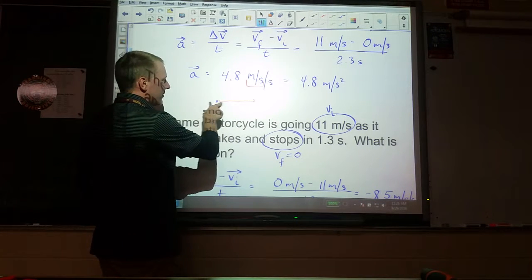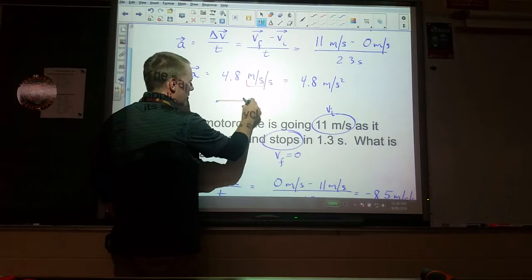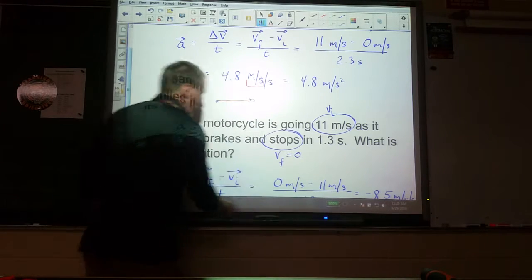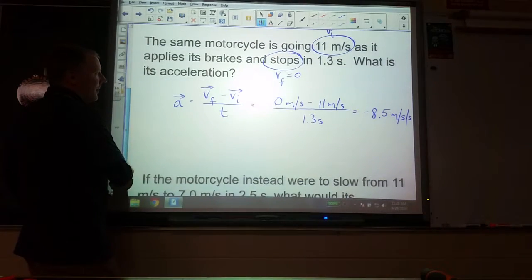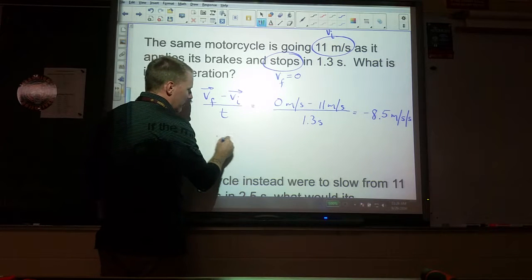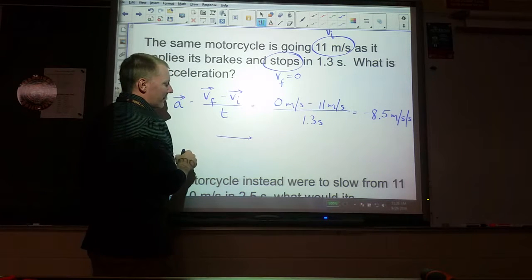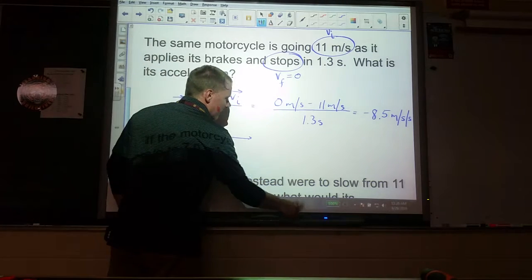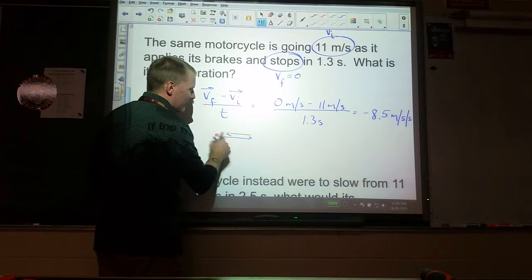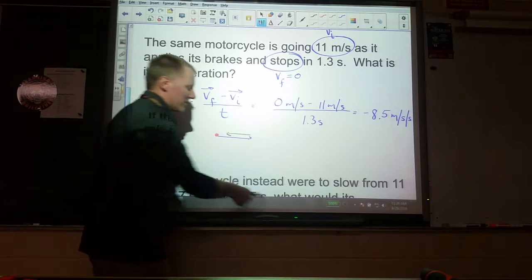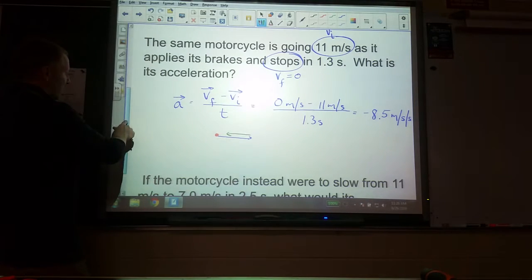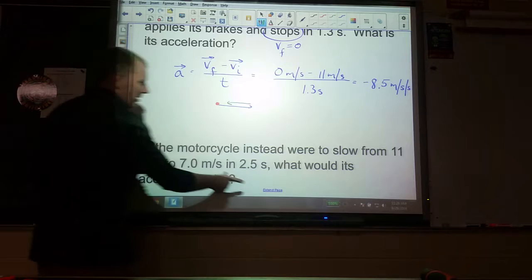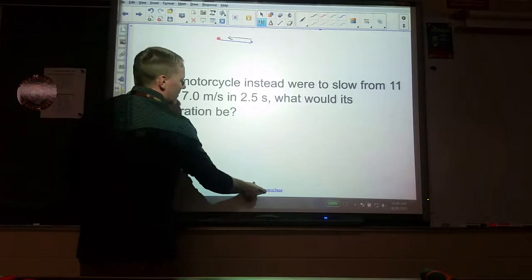So in order for it to go from 0 to there, we have to be pushing in that direction. Likewise, down here, we are going from a velocity of 11 meters per second to a velocity of 0. So the acceleration has to be pushing in the opposite direction to shorten that arrow, essentially, as a way of thinking of it.